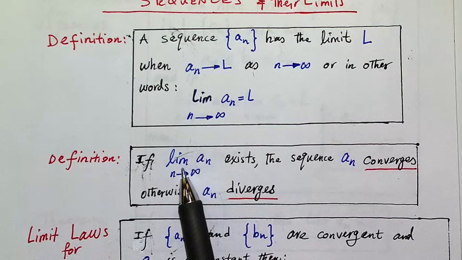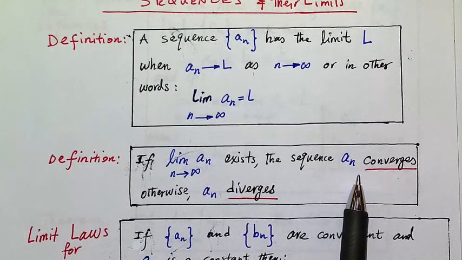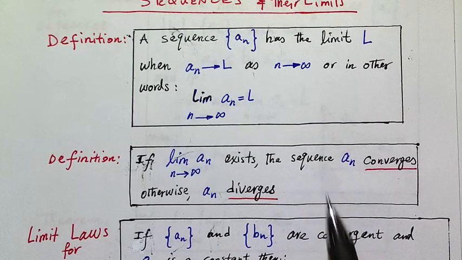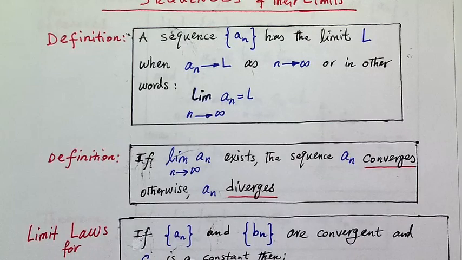If the sequence has a limit as n goes to infinity, then the sequence converges. We know that. But this does not tell anything about series, which will build on the concept of sequences. So this is a pretty critical thing to remember.